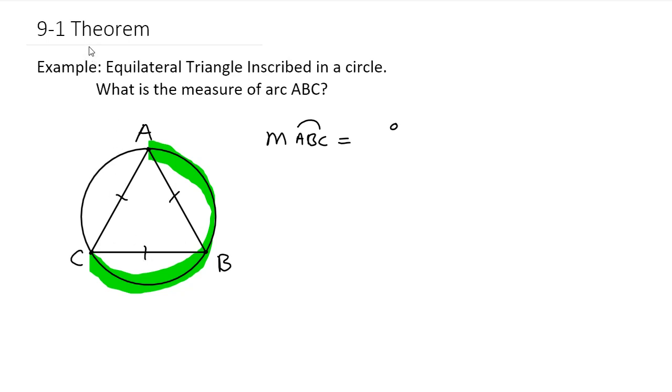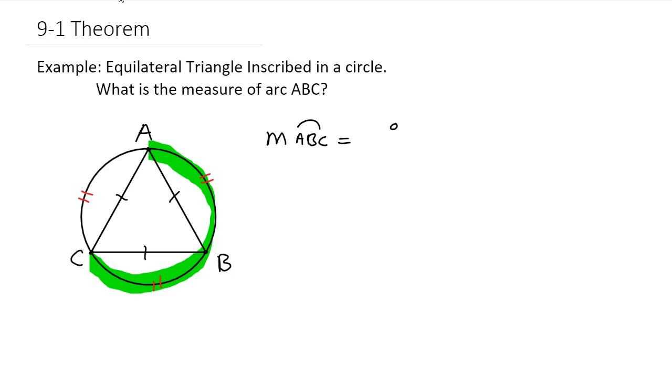The first theorem says that if we have congruent chords, then their corresponding arcs should also be congruent. So this arc here must be congruent to this one, and to that one too.